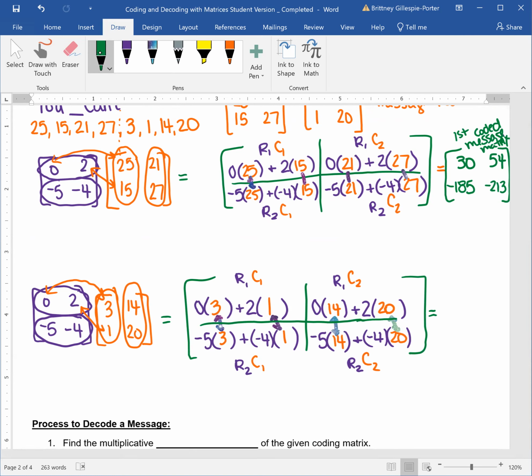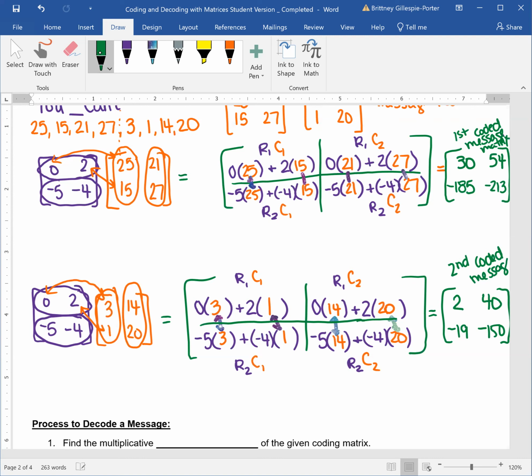Top left corner, row 1, column 1. You should be getting 2. 0 times 3 plus 2 times 1. Across the top row is 40, and then -19, -150. Here is our second coded message matrix.